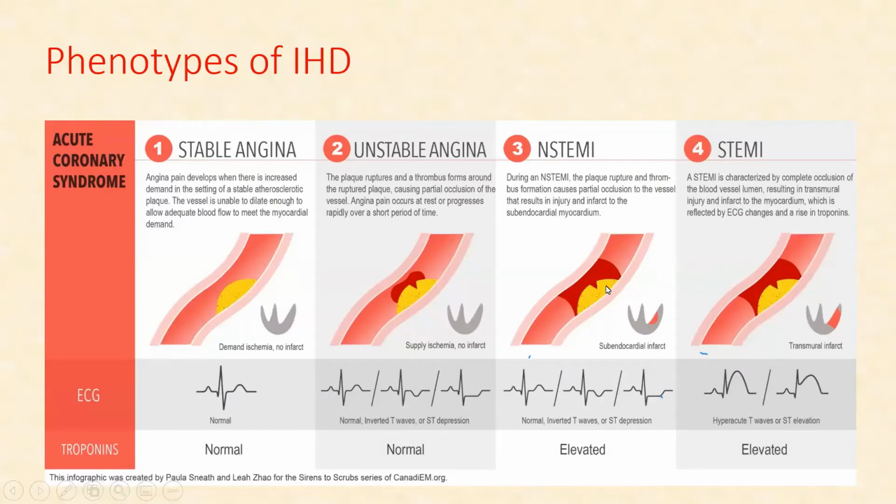In non-STEMI, the injury is basically subendocardial, so you have elevated troponin, and the ST segment deviation takes the form of depression and or T wave inversion, but not ST segment elevation. Now in STEMI, you have transmural injury, and transmural injury expresses itself in the form of ST segment elevation on ECG and a higher amount of elevated troponin.